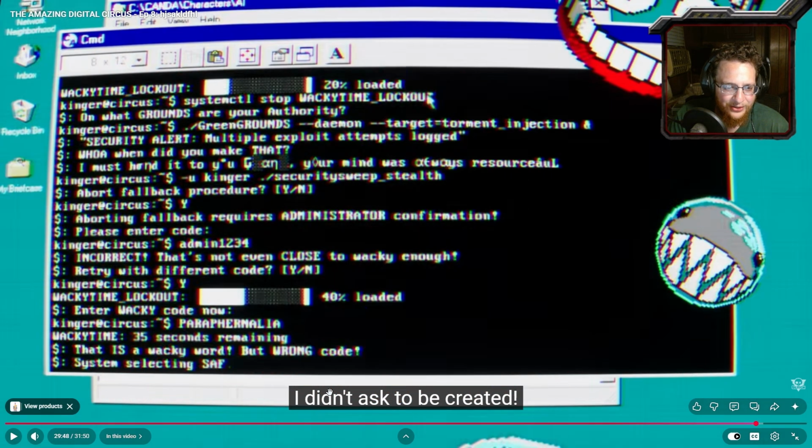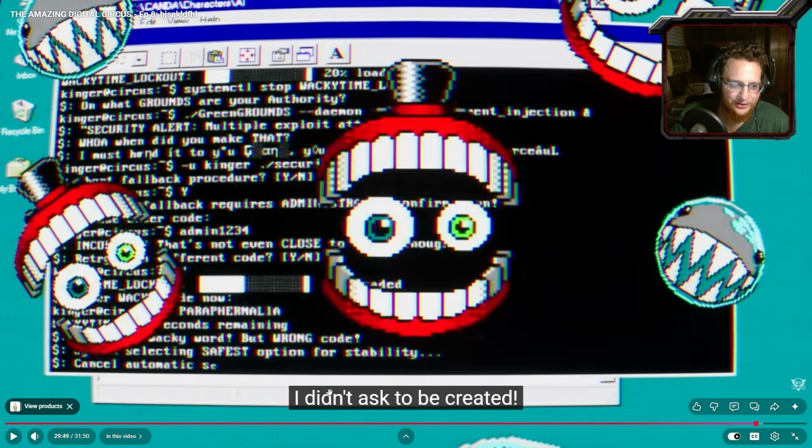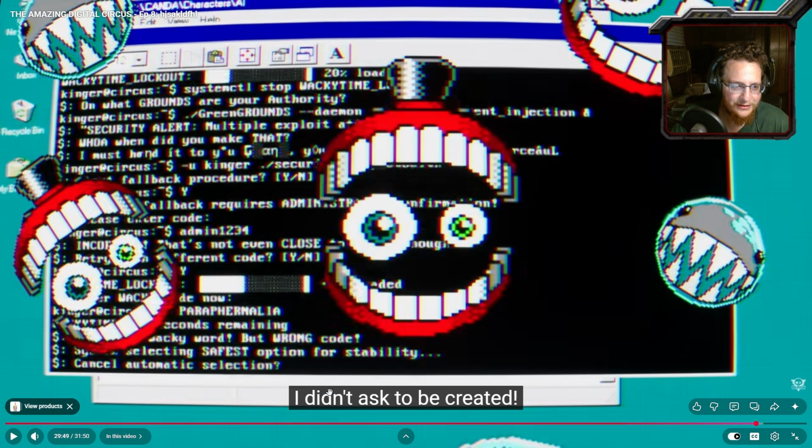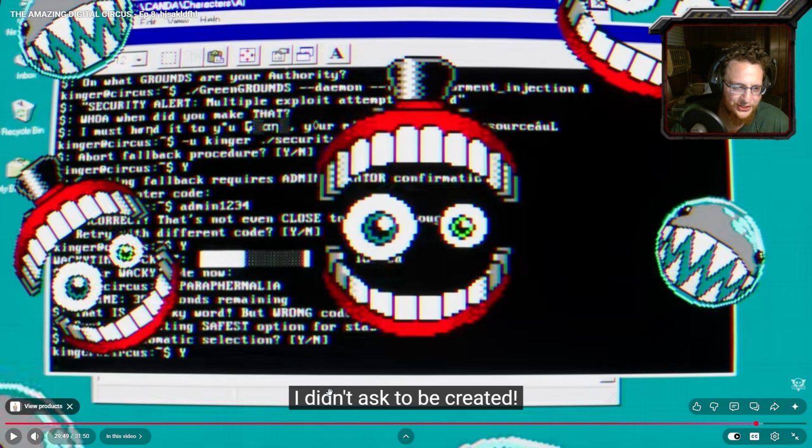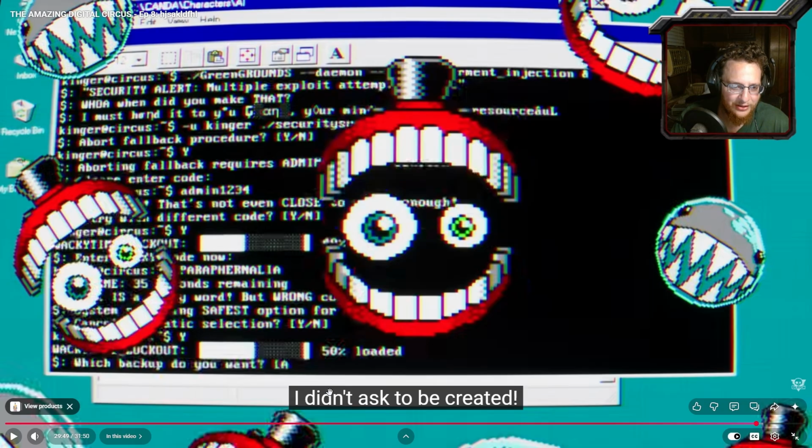Anyway, here you can see that Kinger is going to try a couple of different passwords. And he gets it incorrect. And it says something about the wacky paraphernalia. And then cancel automatic selection. And we start really bugging out.